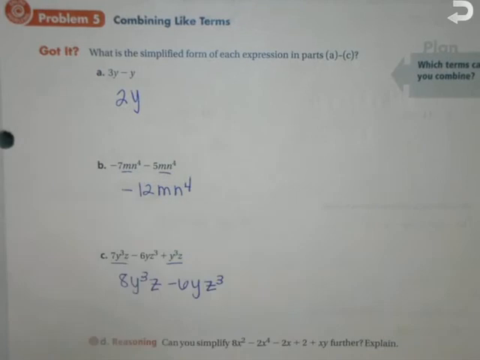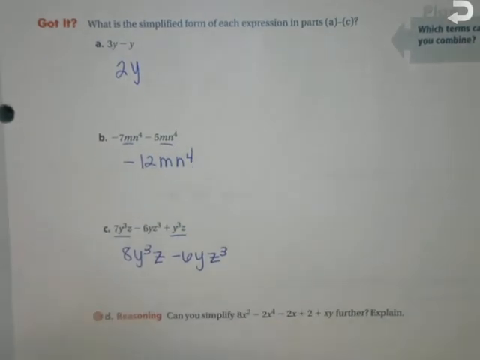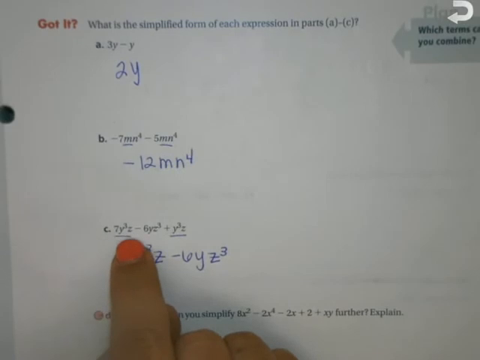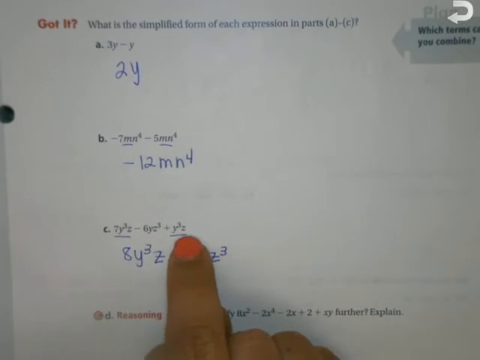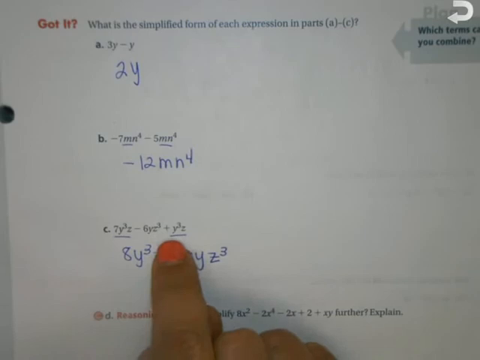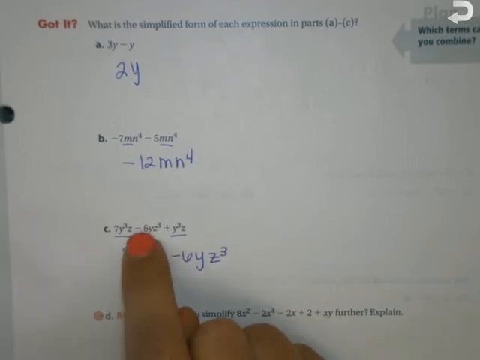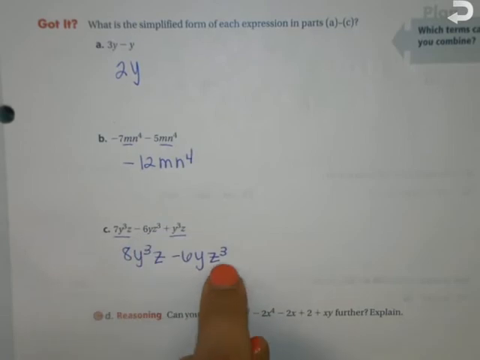And then the last one, I have 7y to the 3rd z and 1y to the 3rd z. Those are my like terms. Those give me 8y to the 3rd z. And then I have minus 6yz to the 3rd. So the variables need to be exactly the same in order for them to be considered like terms.